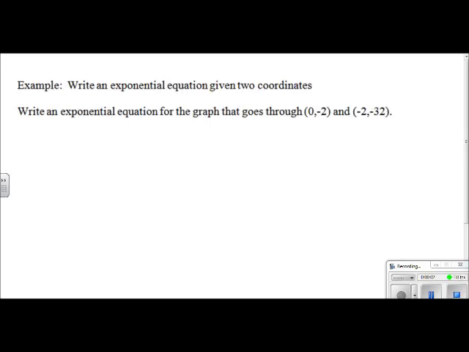All right, last slide. We need to write an exponential equation given two coordinates. We have (0, -2) and (-2, -32). And we're looking for an exponential equation in the form y equals a times b to the power of x. Well, remember, whenever we have an x equaling 0, this value here is our initial value. That's our a.